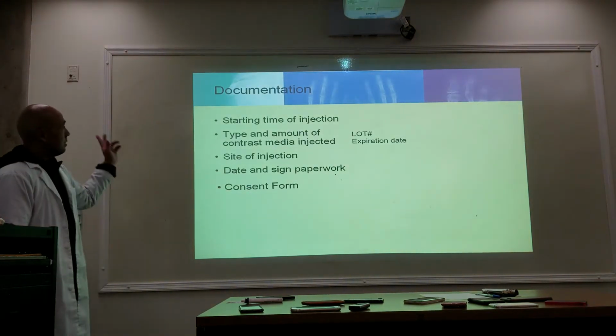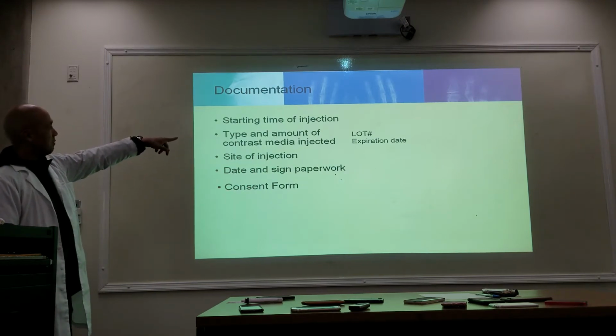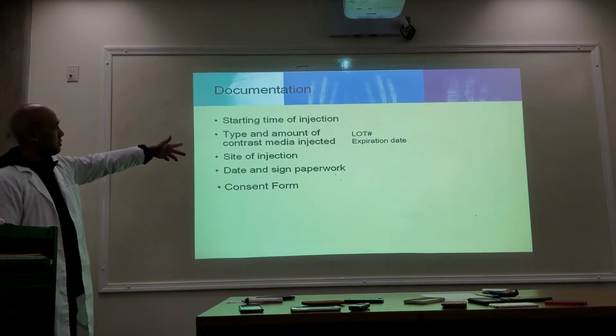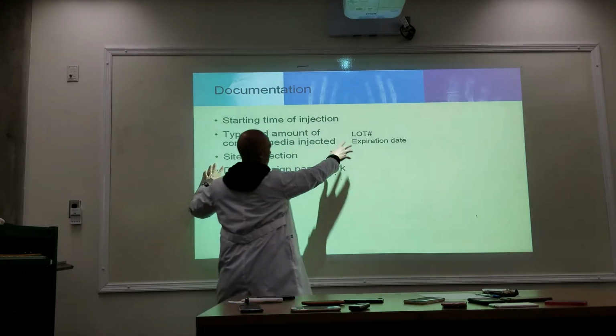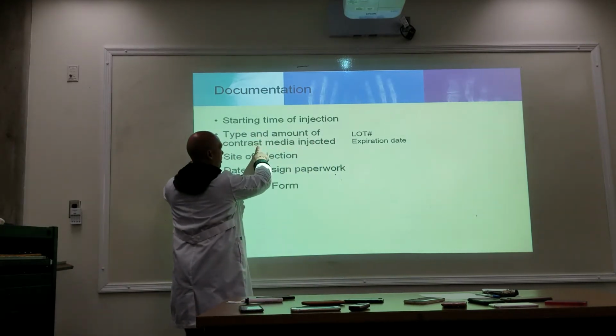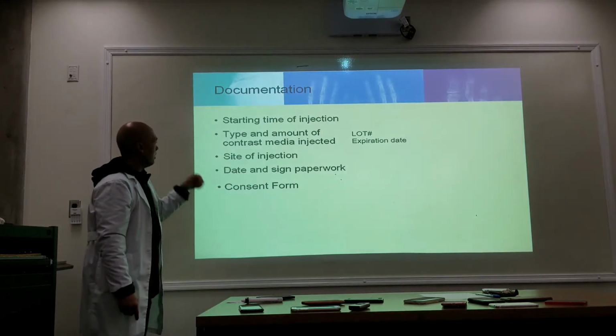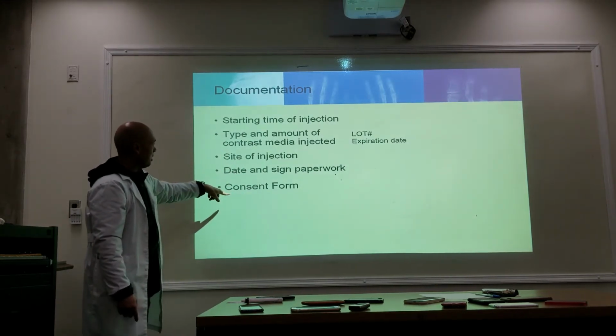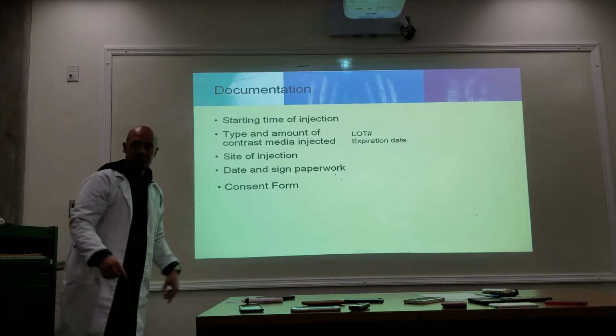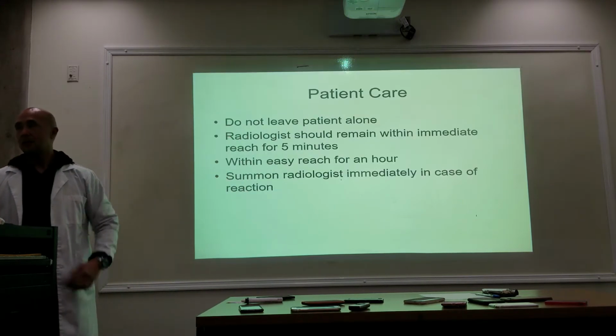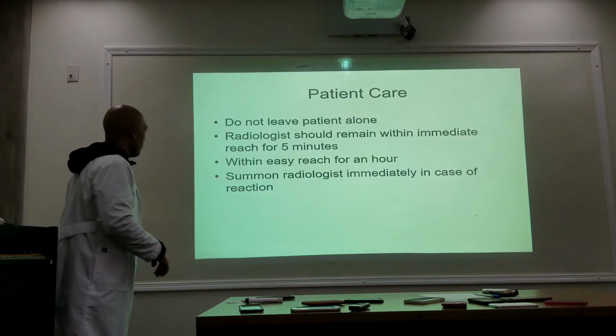So make sure you got the right start of time, the contrast. We already talked about this, so verify the contrast that you're going to use, lot number, expiration date, the amount, site of injection, consent form. Okay, we got that.